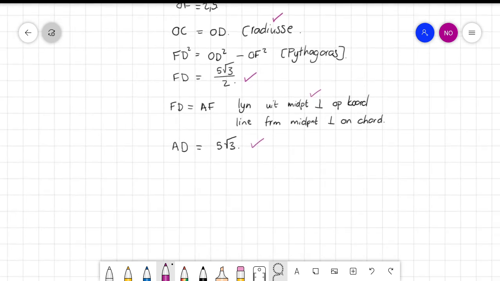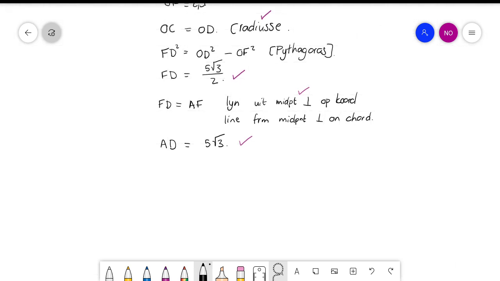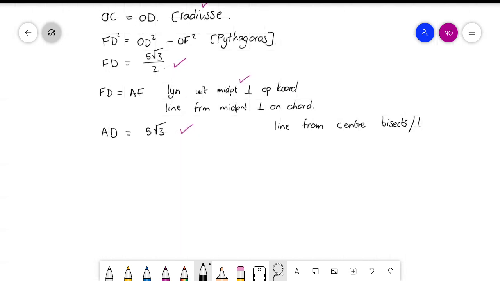Oh, I know what you did, because a lot of you did this. You gave me an or. Line from center, and then you said something like, so that's two different reasons. The one reason is line from center bisects, and the thing that you can deduce from that is that the line is perpendicular to the chord.